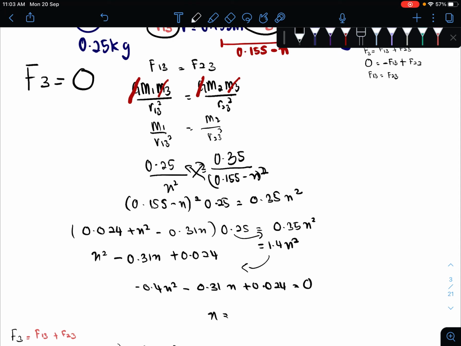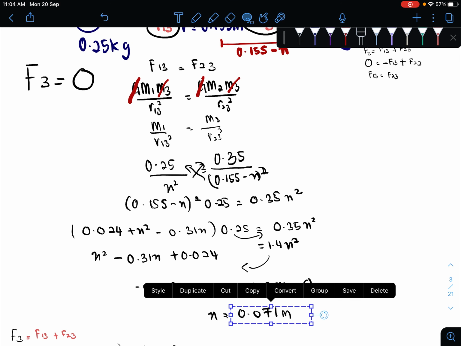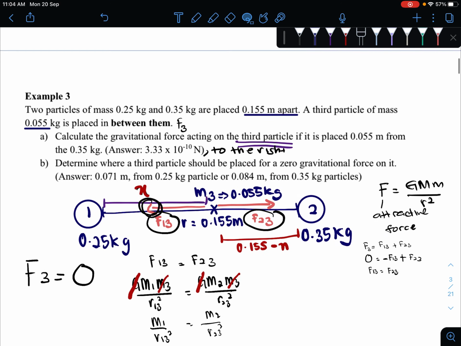You should get X kamu sebanyak negatif 0.85 ataupun 0.071 meter. Since ini negatif, kita pun neglect dia, kita ignore dia. So the answer should be 0.071 meter. So maksudnya your X here is 0.071 meter.